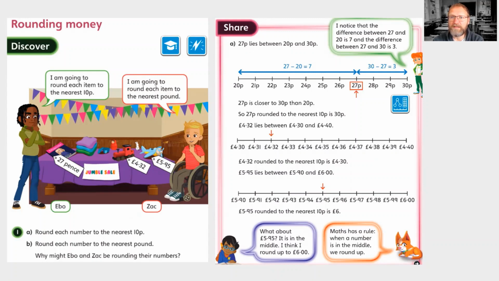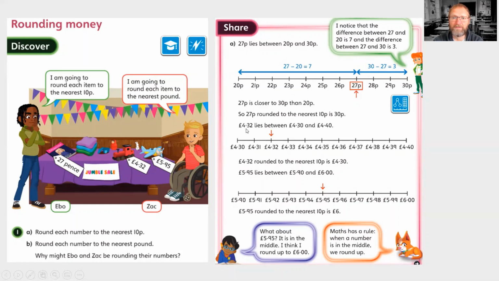So we can see we've got 27 pence on the number line. If we count up 3, 1, 2, 3, we get to 30 pence. And we'd have to count down 7 to get to 20 pence. So 27 is closer to 30 pence than 20 pence. So 27 pence rounded to the nearest 10 pence is 30 pence.